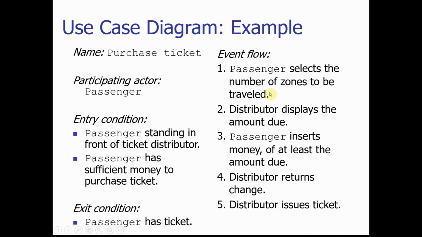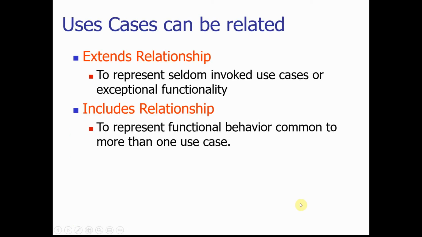And then the flow of events tells you the detailed steps the passenger will go through in order to get the ticket. First, the passenger selects the number of zones to be traveled, and then the distributor displays the amount due. The passenger inserts money of at least the amount due. The distributor returns change, and the distributor issues the ticket.